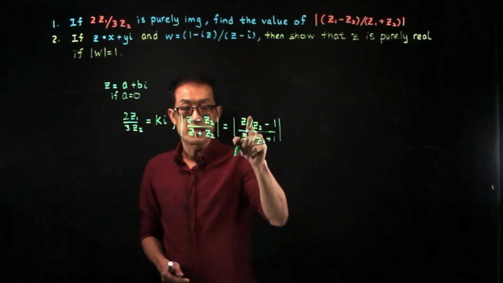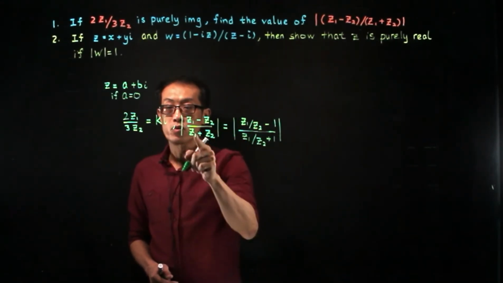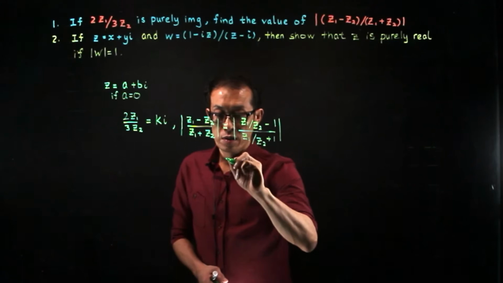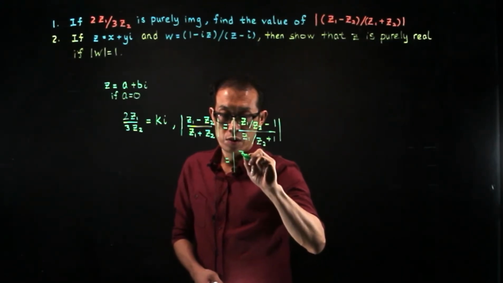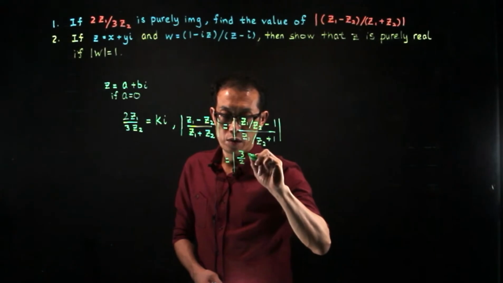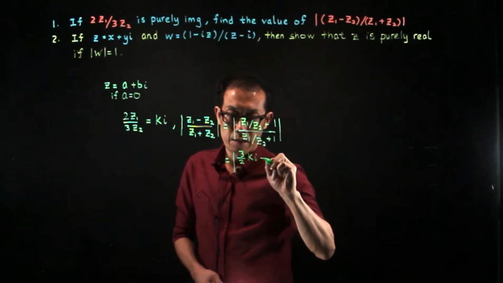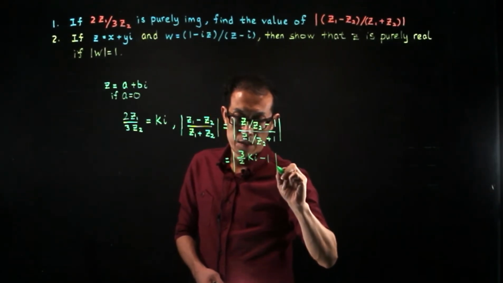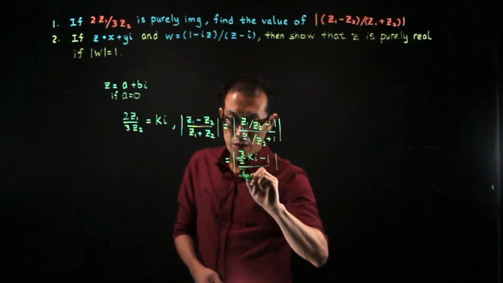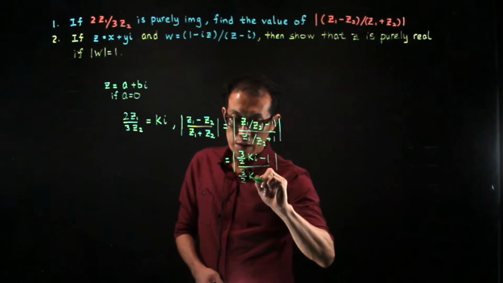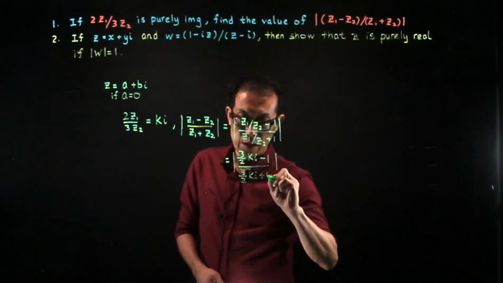Okay, but z1 over z2 is 3 over 2 ki. So this will be equal to 3 over 2 ki minus 1 over 3 over 2 ki plus 1.